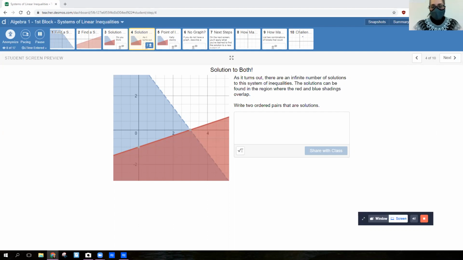Very good. So write 2 ordered pairs. You need 2 answers.